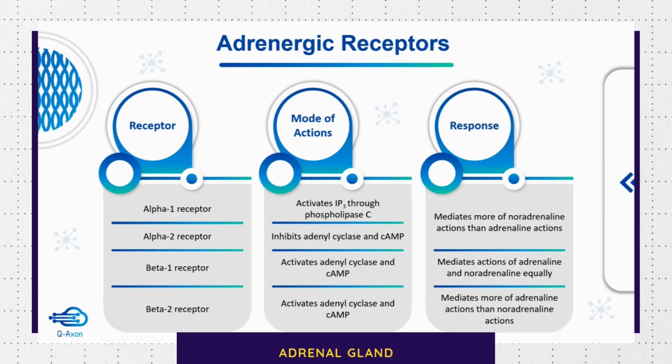Beta 1 receptor activates adenylyl cyclase and cyclic AMP, and it mediates the action of adrenaline and noradrenaline equally. Beta 2 receptor also activates adenylyl cyclase and cyclic AMP, and it mediates more of adrenaline action compared to noradrenaline actions. Please remember that adenylyl cyclase, cyclic AMP and IP3 are all second messenger systems.